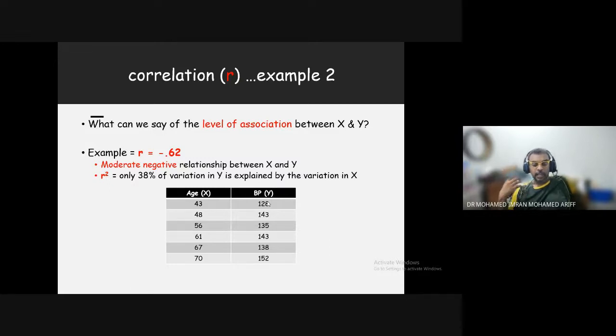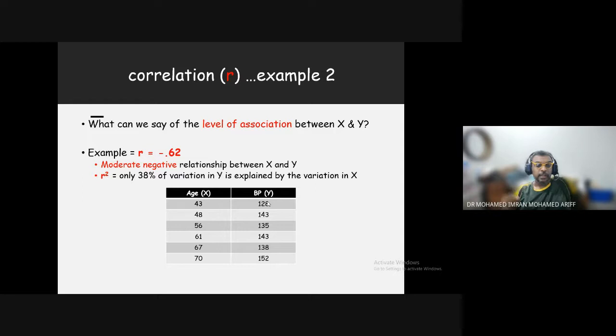So hasil daripada ini saya buat pakai Spearman. When I did my Spearman, I got the R correlation as negative 0.62. What it means is a moderate negative relationship between X and Y. Kenapa dia negatif? Sebab jawapan dia memang negatif.